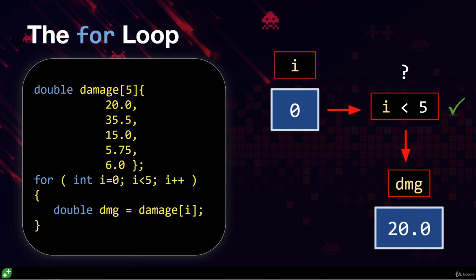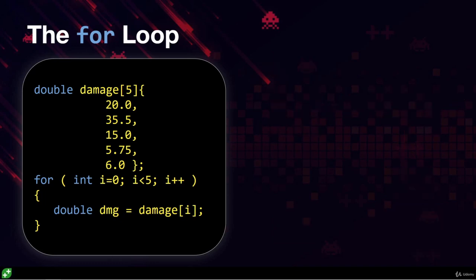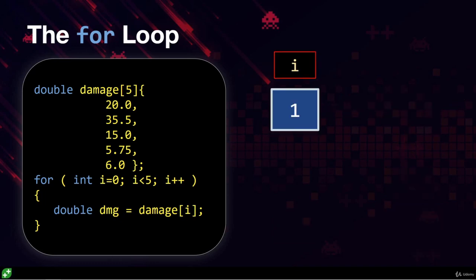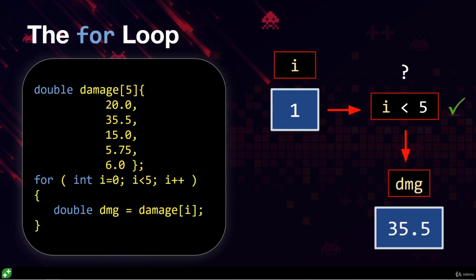That means dmg will currently have the value of 20.0. Once this body finishes, the loop update gets executed, and i now has a value of 1. So the loop condition gets evaluated again, and 1 is less than 5 is true, which means that the body will get executed, and dmg will now have a value of 35.5 because we're assigning it the value of damage at 1, which is the second element in the array, and that has a value of 35.5.